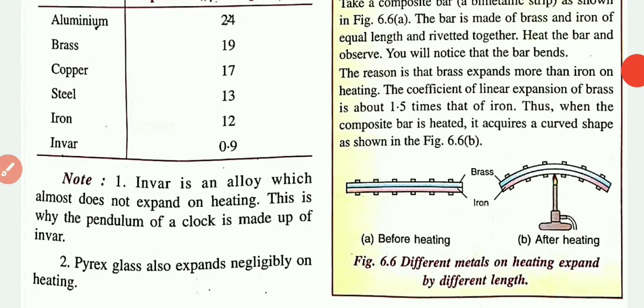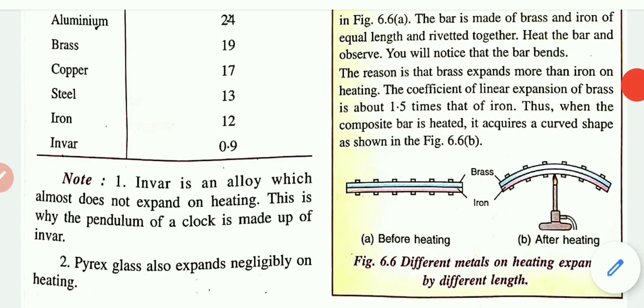Now ivory is an alloy which almost does not expand on heating. This is why the pendulum of the clock is made of ivory. Look at this. The coefficient of linear expansion of ivory is minimum, that is 0.9, less than 1.